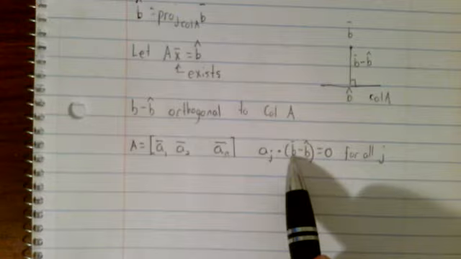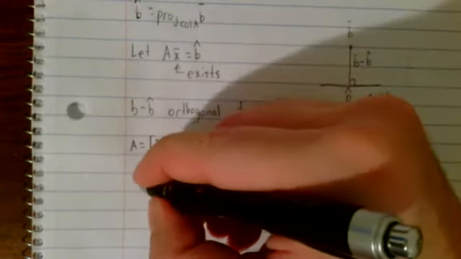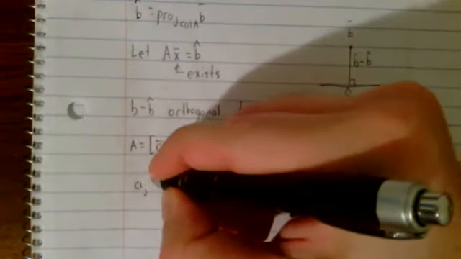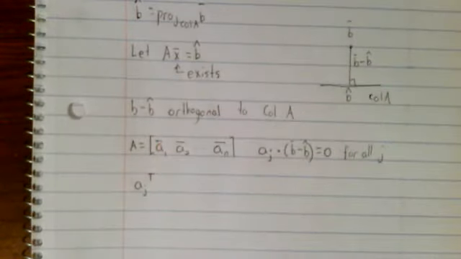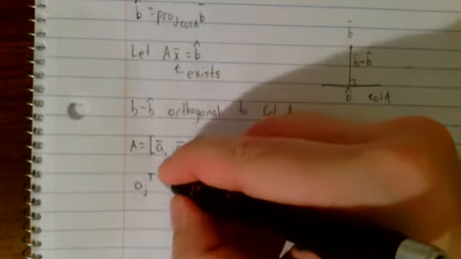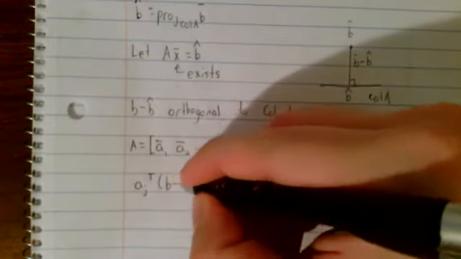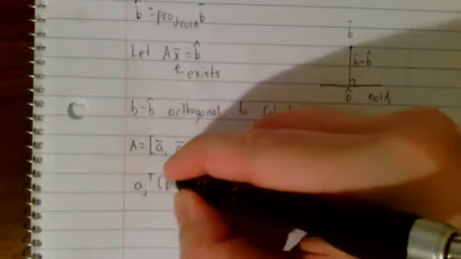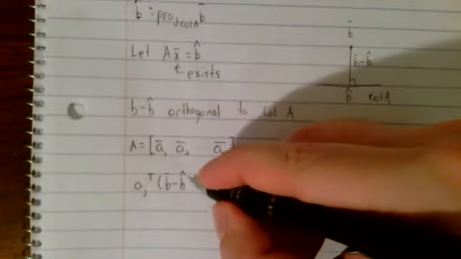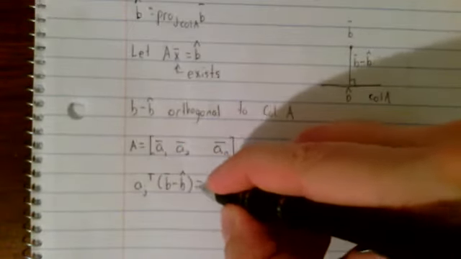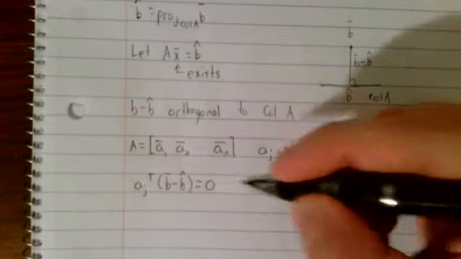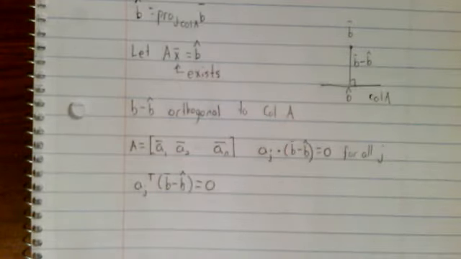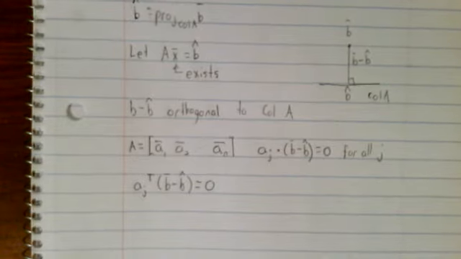This statement is the same as saying that A j transpose times B minus B hat equals 0. That's the definition of the dot product.